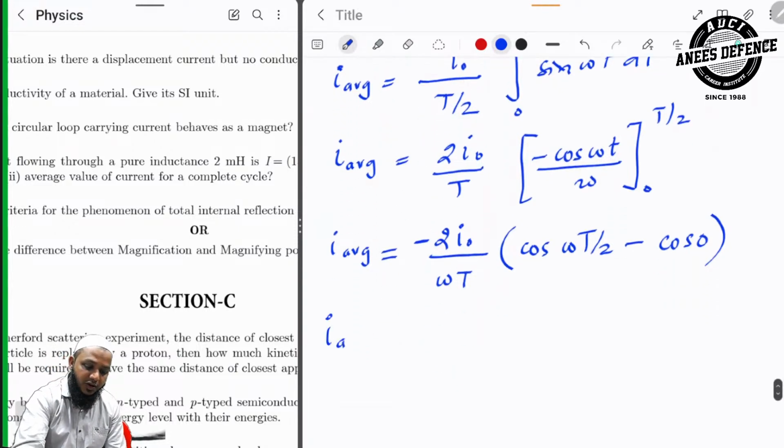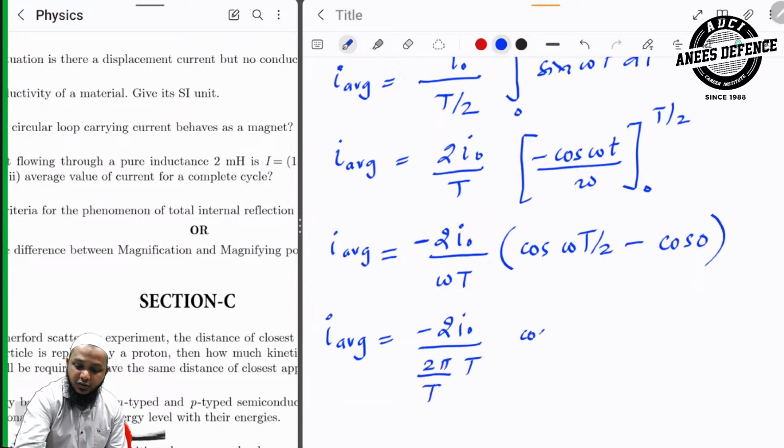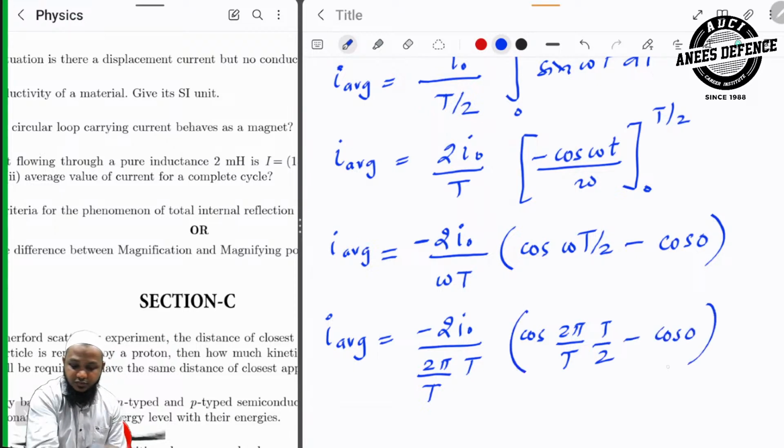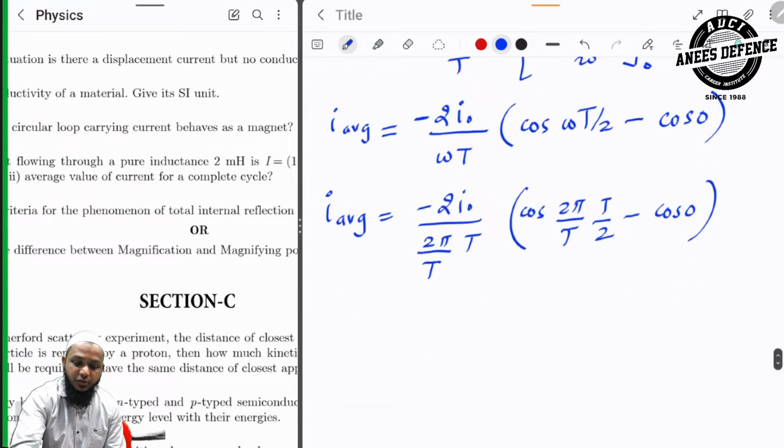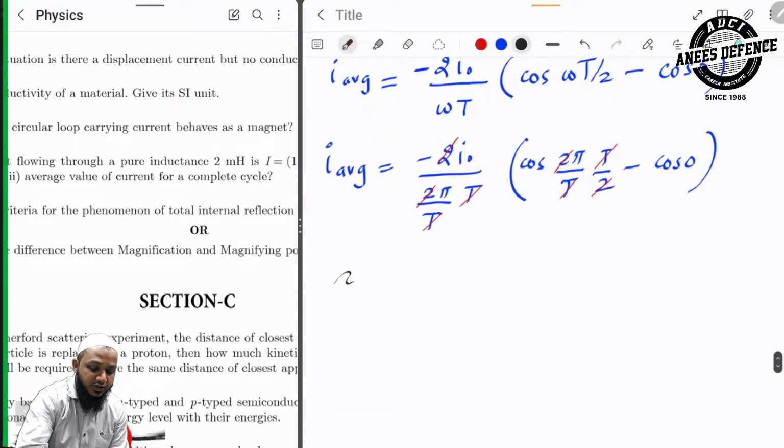Now you know what is omega. Minus 2 I naught upon omega, which is 2 pi by T, and into T as it is. Cos 2 pi by T into T by 2, minus cos 0. This T gets cancelled, 2 gets cancelled. Right? So after simplification, what will I get?